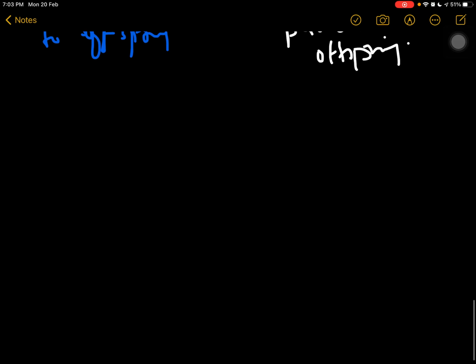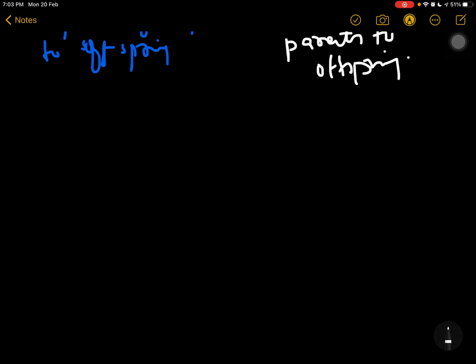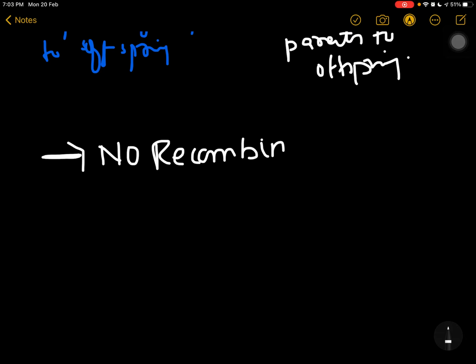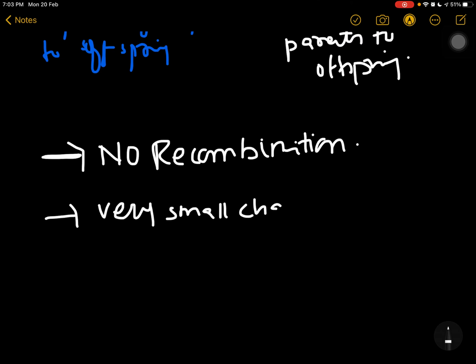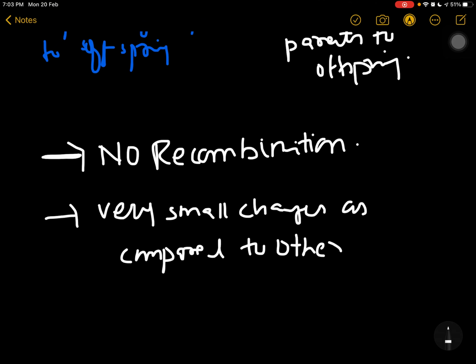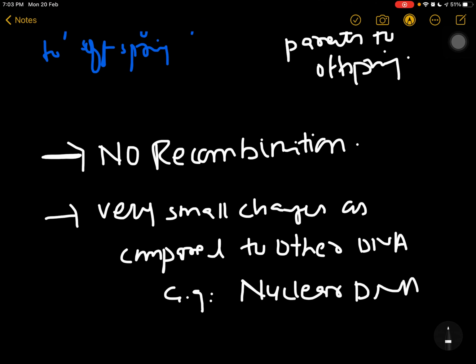So it means that there can't be any kind of recombination, no recombination will take place, and there will be very small changes as compared to other DNA, for example nuclear DNA, right?